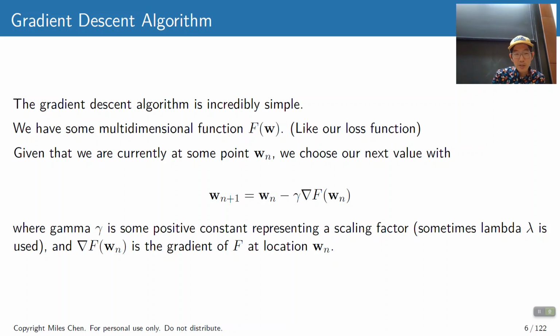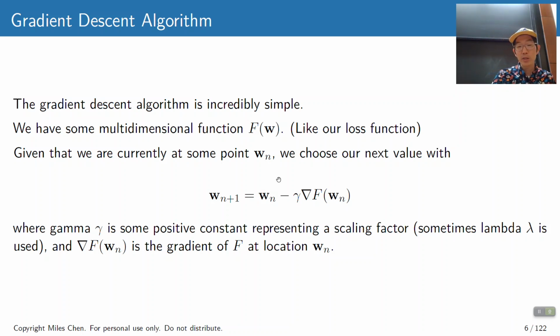So the gradient descent algorithm is very simple. It's one line. This is it. We have some function f, and the input of our function is our vector of weights. Right now, our function is the loss function, and our input is a vector of slope and intercept.